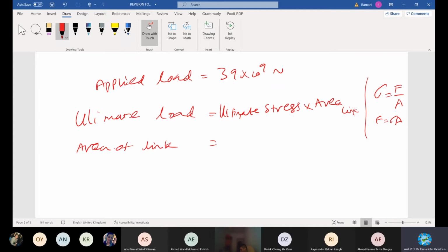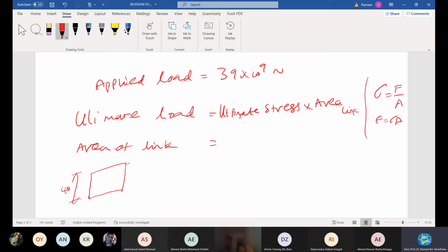You need to find the contribution of the link. How much is the link area supporting this loading? If you take the link, it is like this. This is 40.